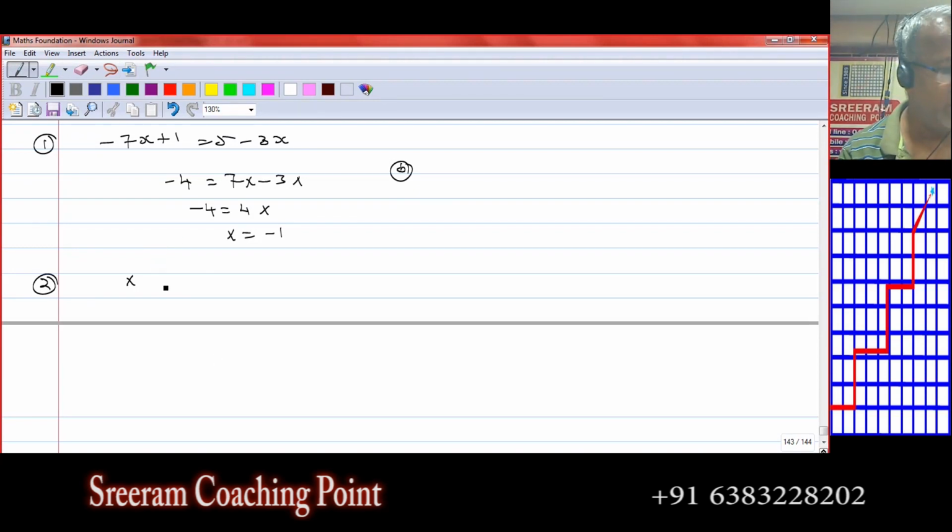The root of the equation (x plus 4) divided by 4 plus (x minus 5) divided by 3 equal to 11.